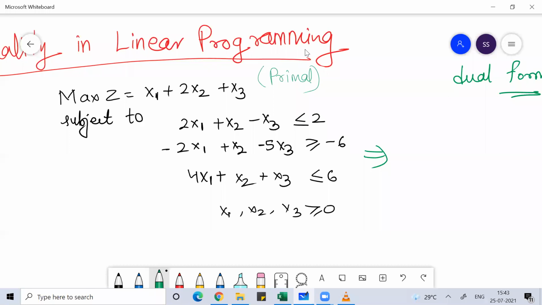Now the question arises: why am I teaching you the concept of duality? The reason is that whenever you are solving an LPP, if it has more constraints and fewer decision variables, the construction of the equation looks complicated.